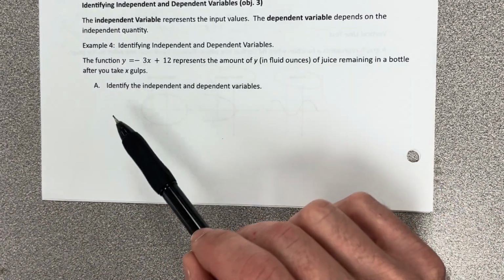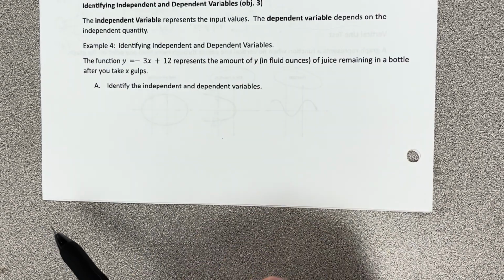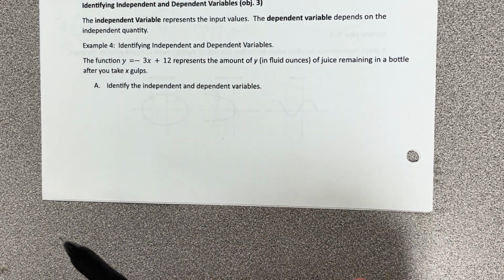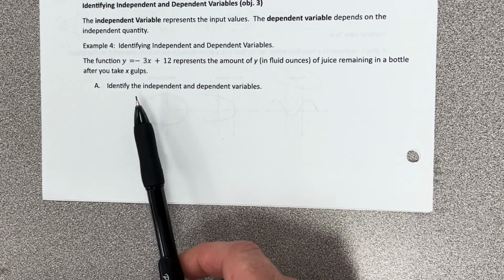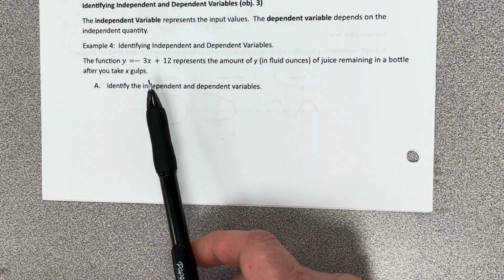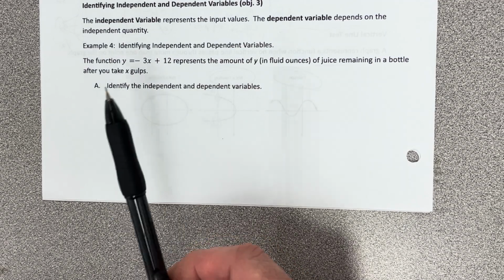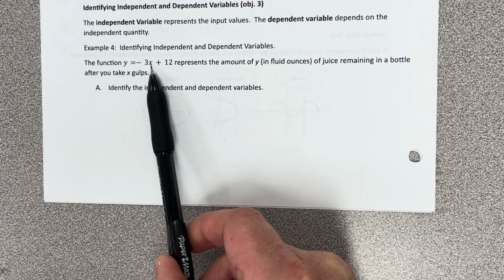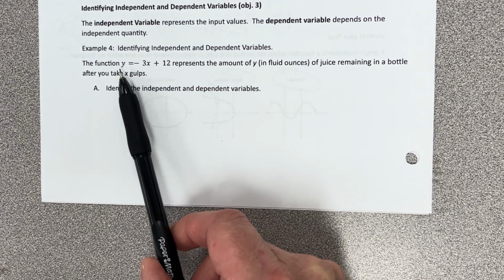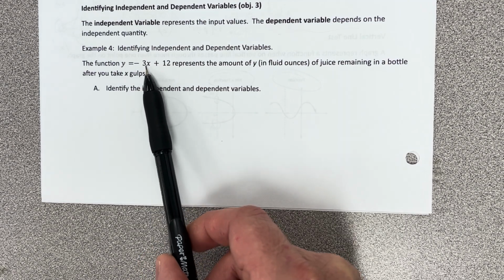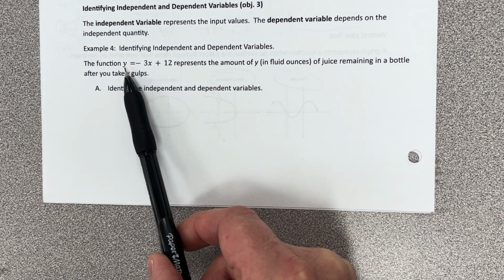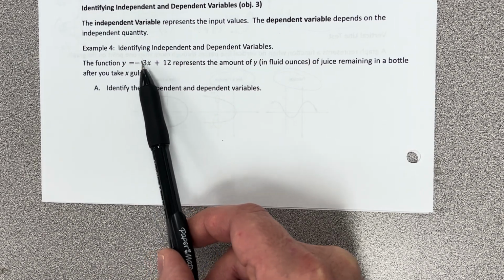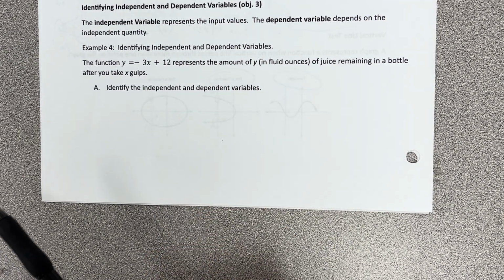So you got to start there first before you can get the dependent values. So typically, if a function's already written out, they've decided already what the inputs and outputs are. The x variable will represent the input, the independent variables, and the y values will represent the output or the dependent variables. So y depends on what x is.